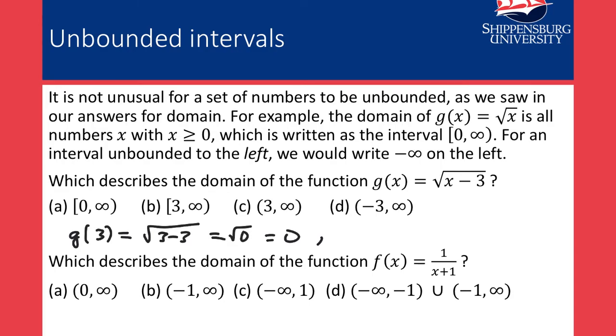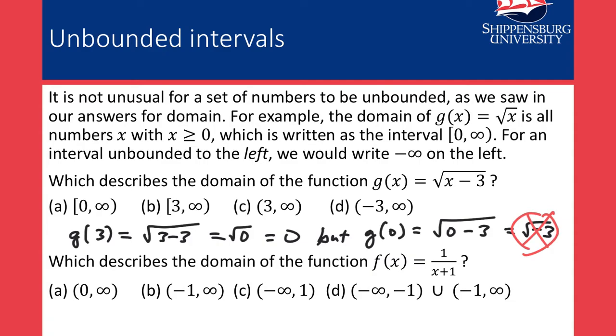On the other hand, if you try to put 0 in for x, that would be the square root of 0 minus 3, or the square root of negative 3, and that's going to cause an error. That's going to be bad. So we can see that 3 is okay as an input for this function, but 0 isn't.